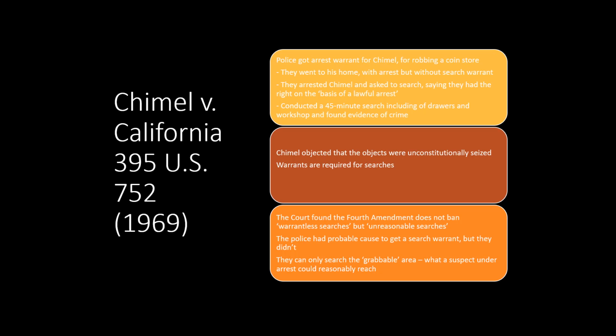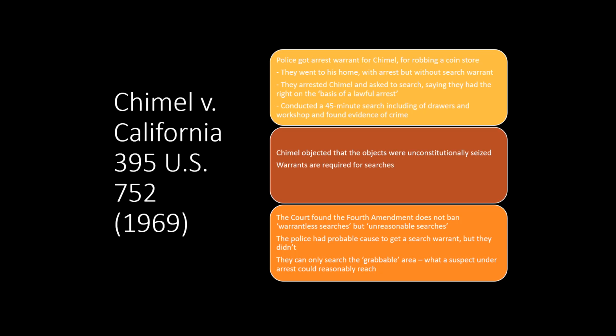So he goes to trial and objects that this is unconstitutional. That you had the arrest warrant, maybe you can search a grabbable area, but you can't search the whole house. And the court did an analysis of this. This is in 1969, and Stewart wrote the majority opinion, and he said, the Supreme Court of the United States, interpreting the Constitution, does not ban warrantless searches, but it bans unreasonable searches.